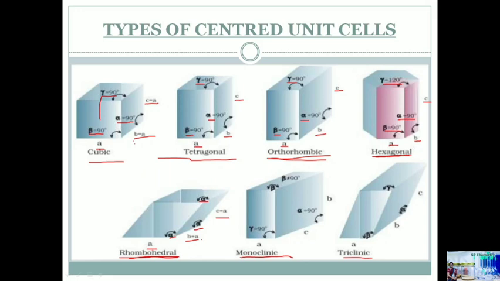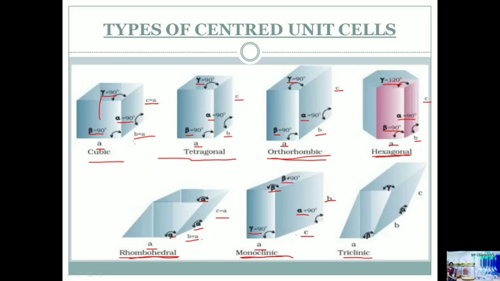Then monoclinic crystal system. In monoclinic, edge length A is not equal to B is not equal to C, and axial angles alpha is equal to gamma is equal to 90 degrees, and the other interfacial angle beta is not equal to 90 degrees.